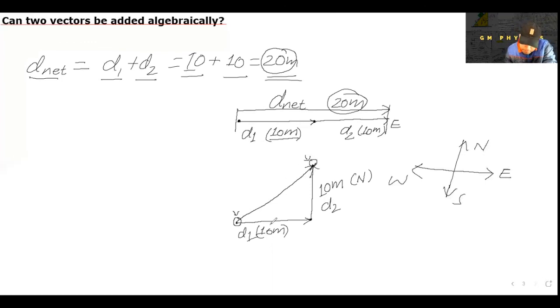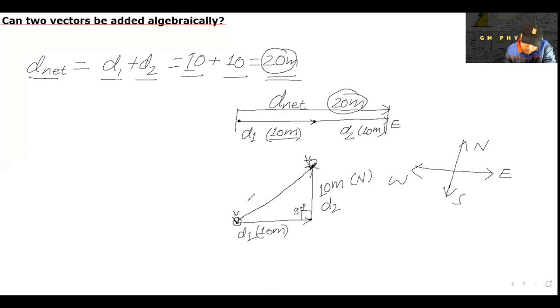So let's see. This D1 is along east and this D2 is along north. So the angle between these two lines is 90 degrees. And my net displacement, from starting point to ending point, becomes the hypotenuse of this right-angle triangle, whose base and perpendicular are each 10 meters, right?